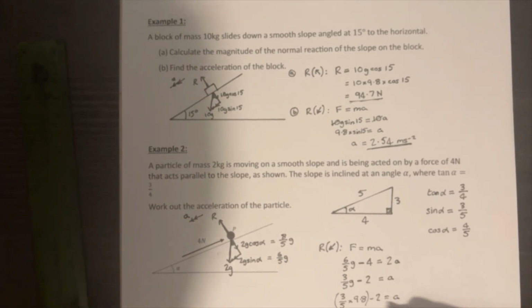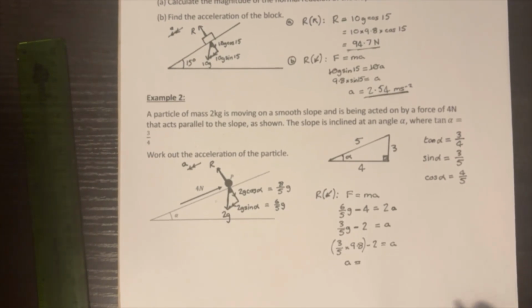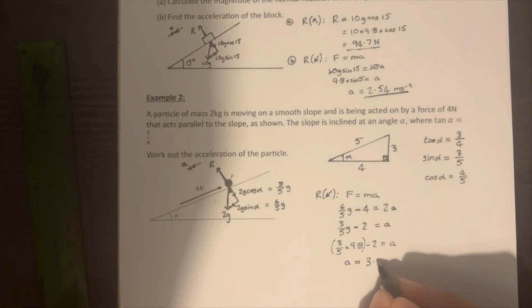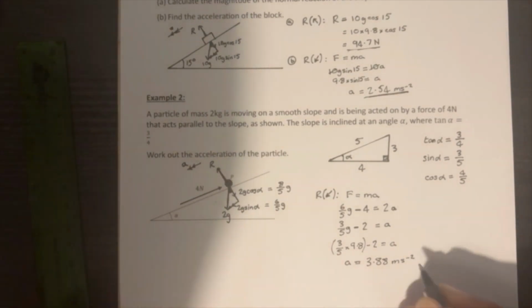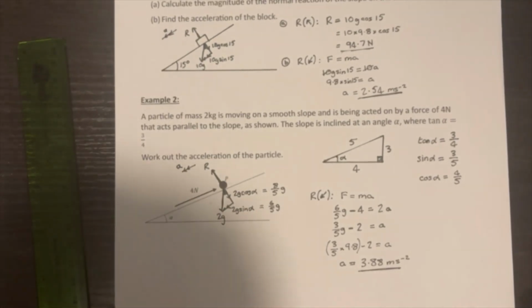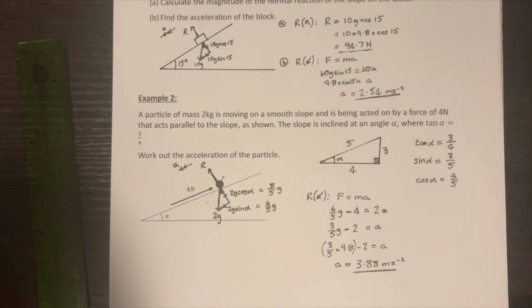That's going to give us our acceleration, and if I was to put that into our calculator, that would give us that our acceleration is equal to 3.88 meters per second squared, and that's going to be our answer, and we found our acceleration there.